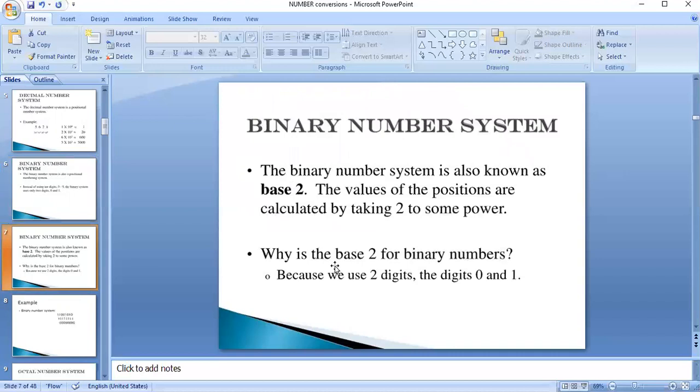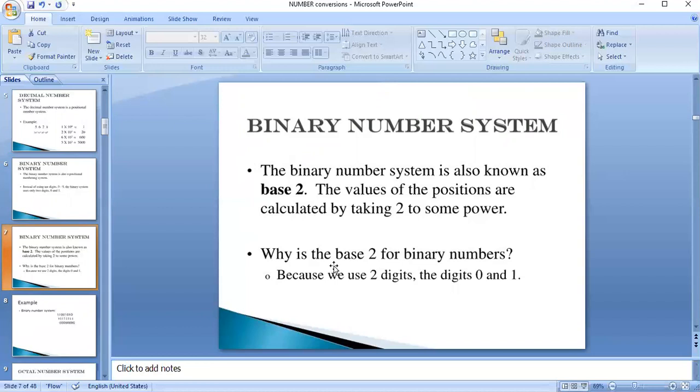The base or radix is 2 because it contains only two numbers. We take the positional values as powers of 2, starting from right to left: 2 power 0, 2 power 1, 2 power 2, like that.